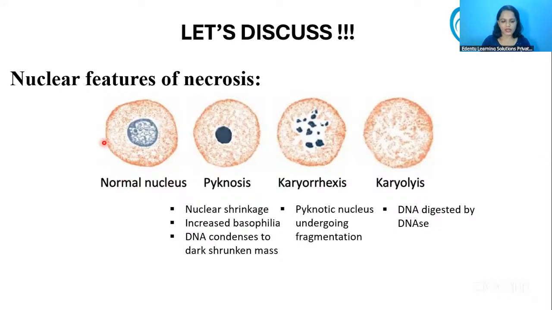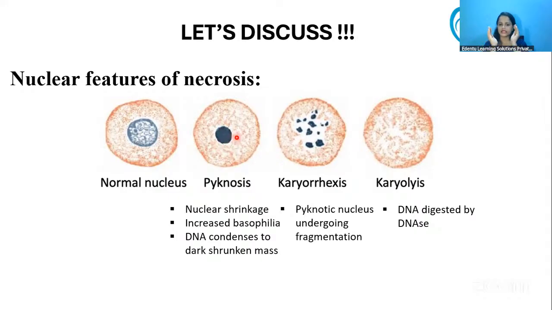This is a normal cell with a normal nucleus. The three nuclear changes happening in necrosis are pyknosis, karyorrhexis, and karyolysis. So what do you mean by pyknosis? This is how a normal nucleus looks. In pyknosis, the nucleus is shrinking. You can see the size difference between the normal nucleus and this pyknotic nucleus.